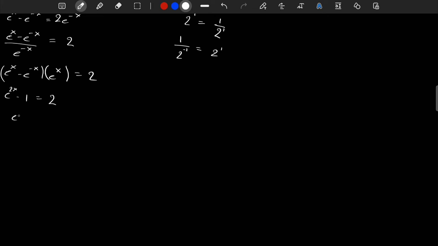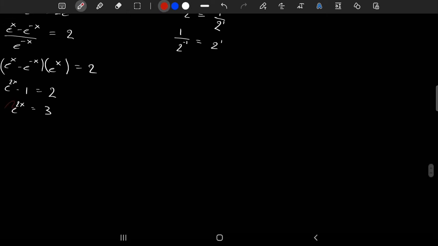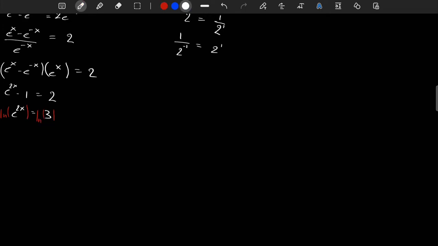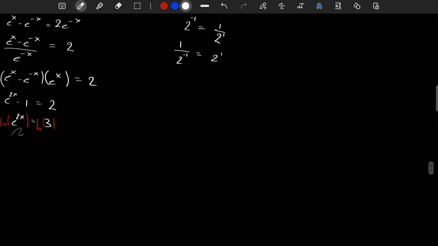So we have e to the 2x equals 2 plus 1, which is 3. Taking the ln on both sides, we have 2x equals ln of 3.